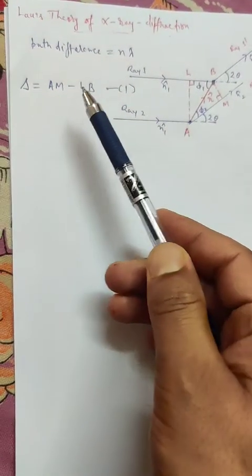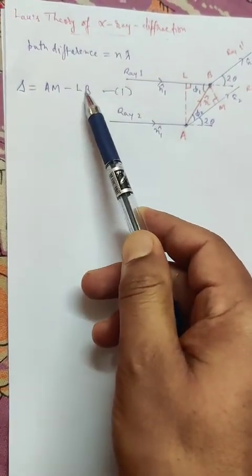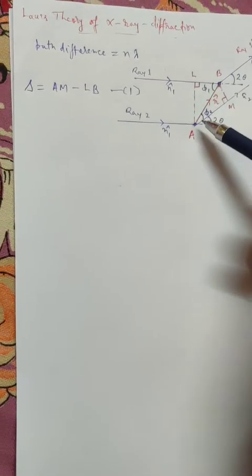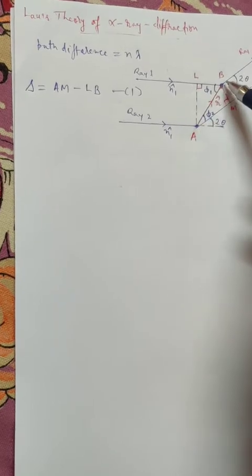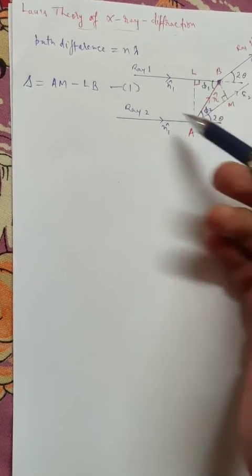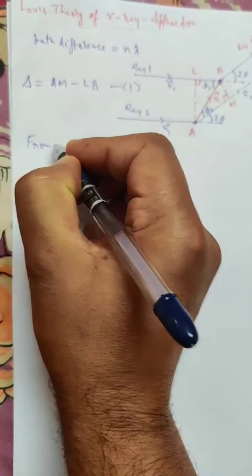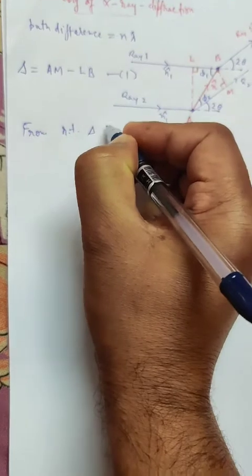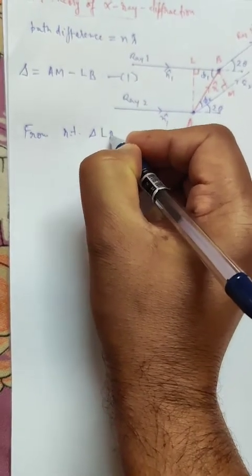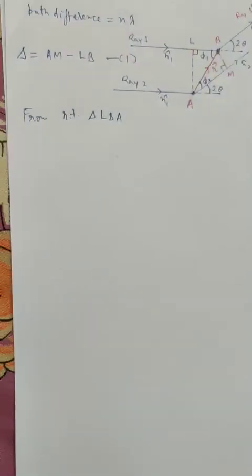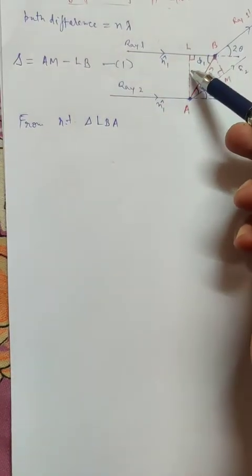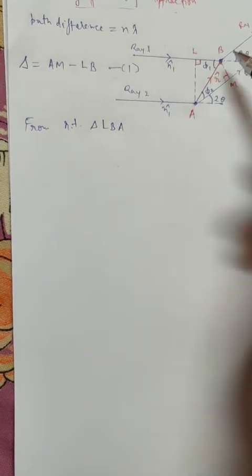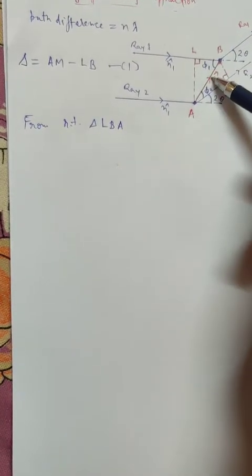Now our aim will be to find out AM and LB. Now we will consider this triangle ABL, the right angle triangle LBA. This is your perpendicular, this will be your base, and this will be your hypotenuse.